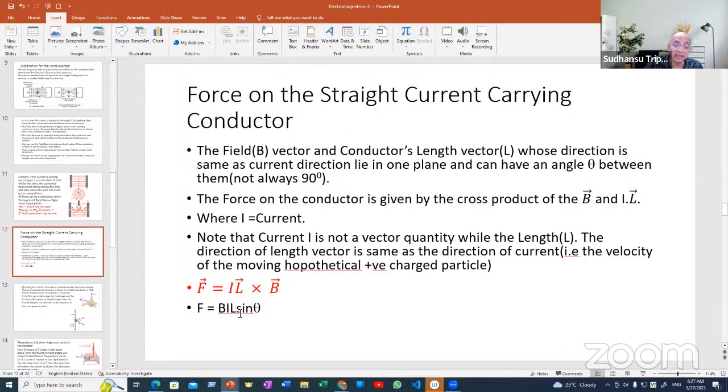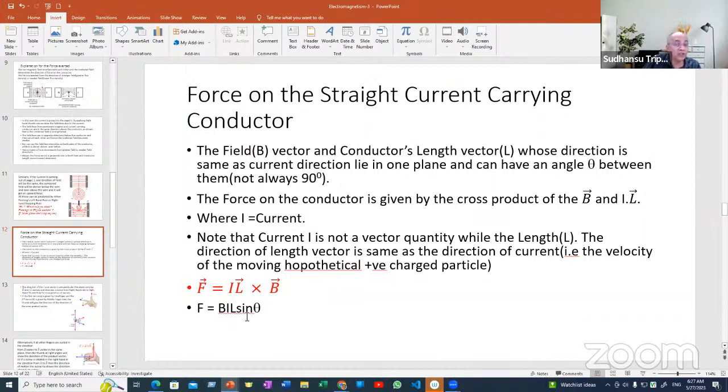In this case, IL into B into sine theta. So it has been slightly rearranged to BIL sine theta, or we can call it ILB sine theta, same thing. BIL sine theta, right?